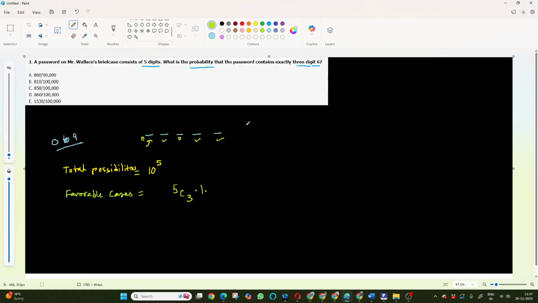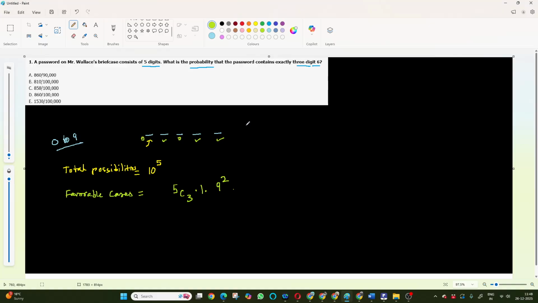If we have it at other places also, then it will be more than 3 places. So we cannot have 6 in the first and third slots. So the only choices that we have are not 10 digits. We have only 9 digits to operate with. So each of these 2 places will need 9 possibilities. So 9 into 9 for the 2 slots is 9 squared.